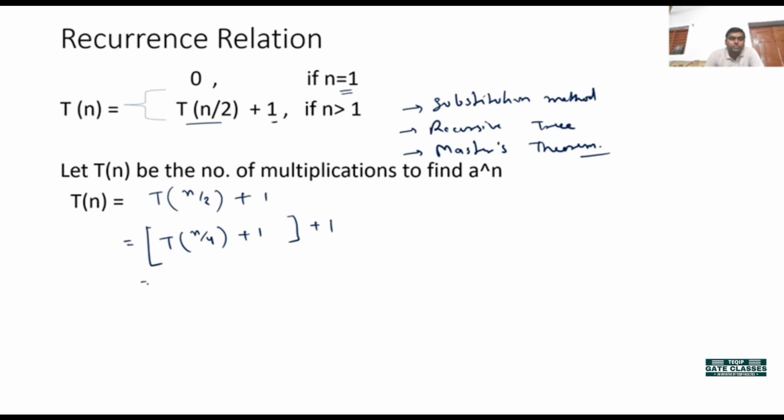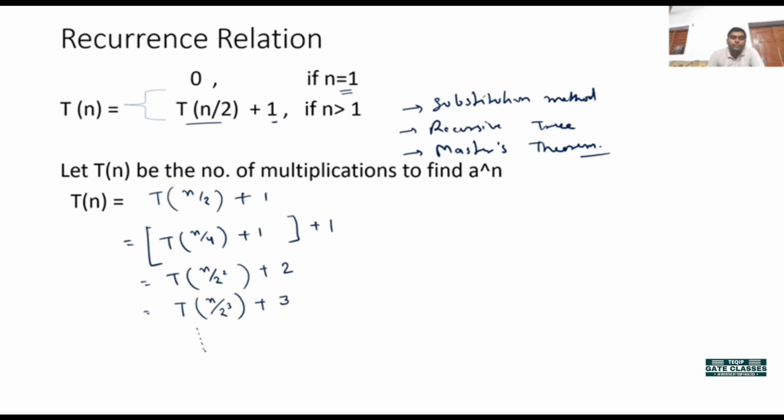So this will result in T of n by 2 squared, and this plus 1 and plus 1 is going to be 2. Again one more step. If you again put it in terms of n by 8, n by 8 means n by 2 raised to the power 3, plus 1 and plus 2, so plus 3.